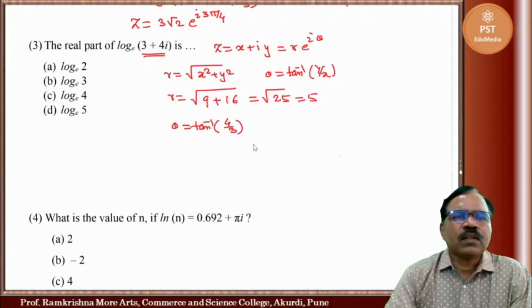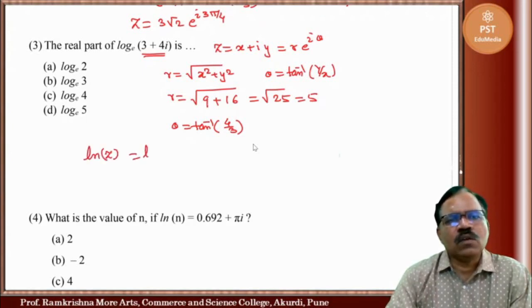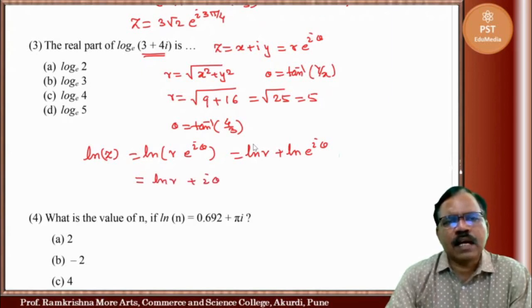Now see here, log z is equal to log of r e raised to i theta. So we will get log r plus log e raised to i theta. So this is equal to log r plus i theta.